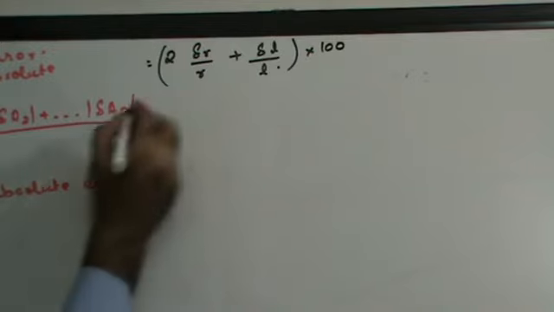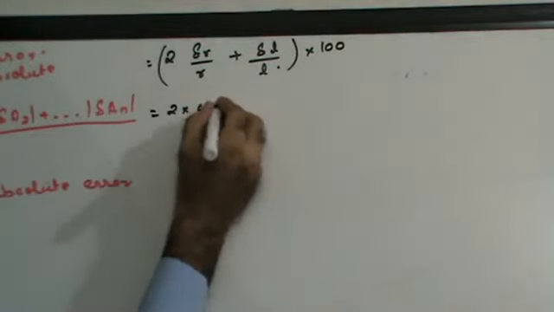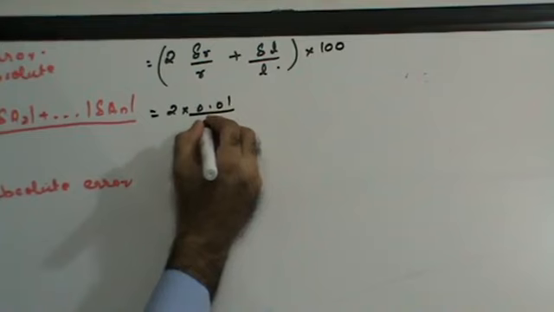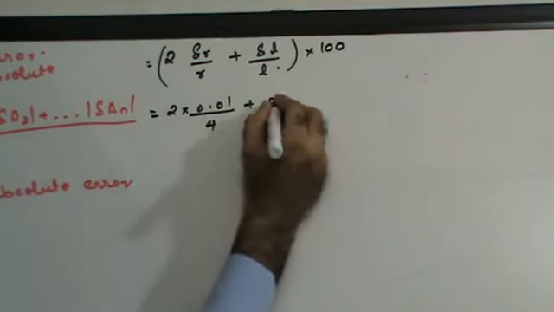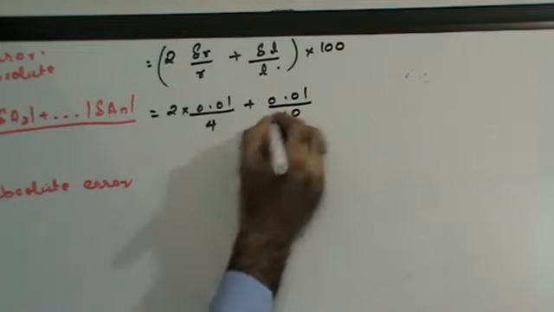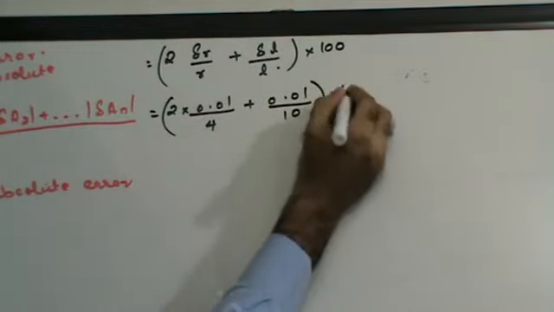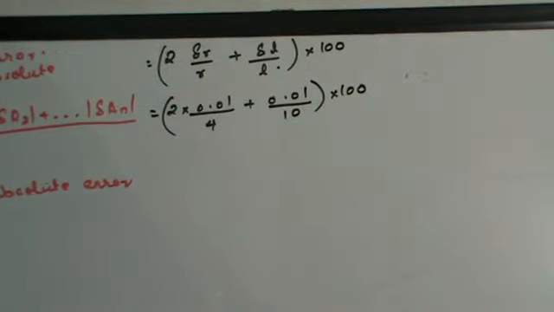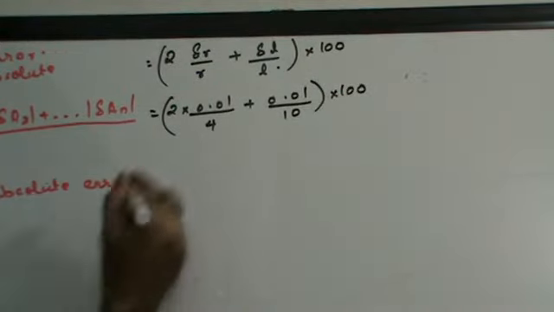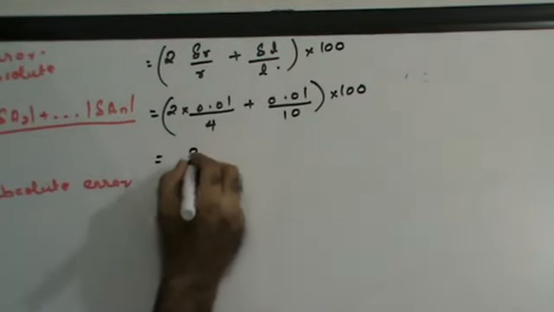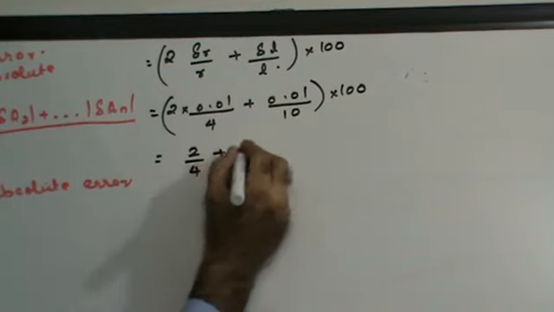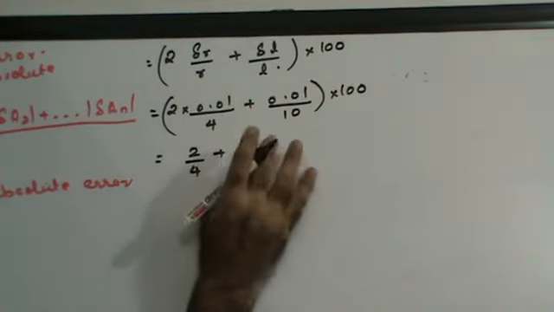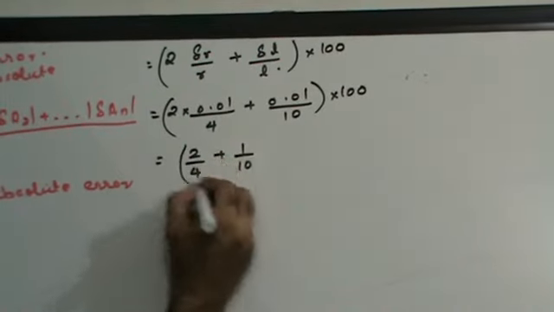So this is going to be 2 into 0.01 upon radius is 4 plus 0.01 upon 10 into 100. I've just substituted the values. So this, when you solve, will give you 2 upon 4 plus 1 upon 10, that's 0.01, I took it outside, multiply by 100, will give you 1.